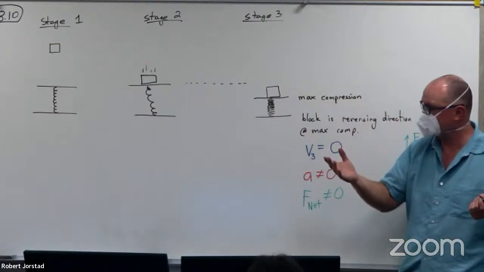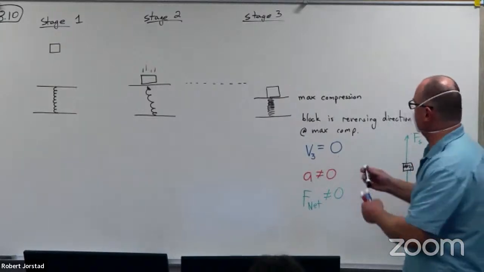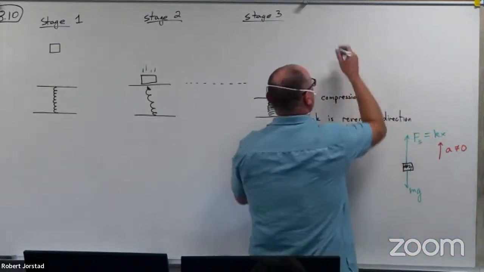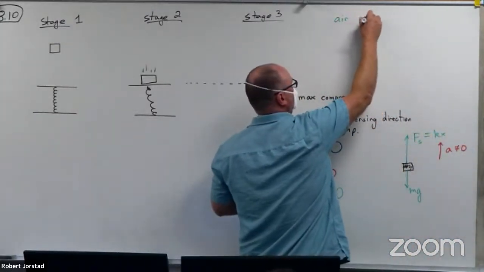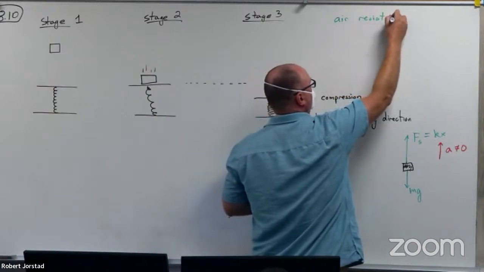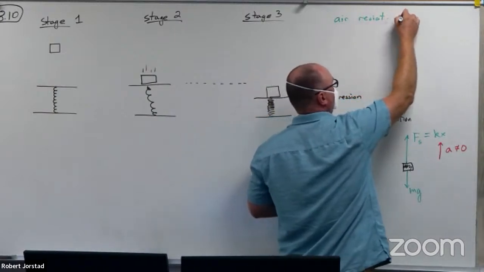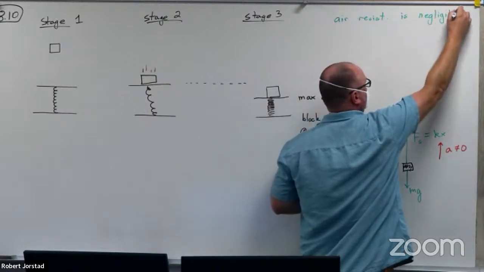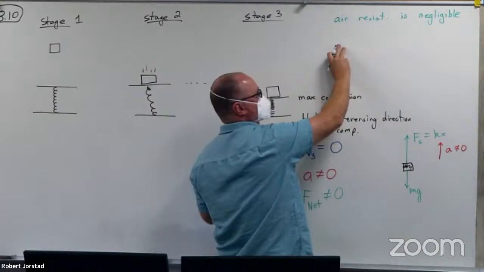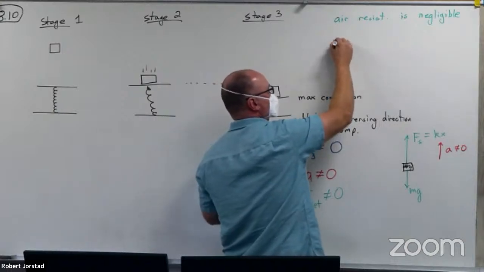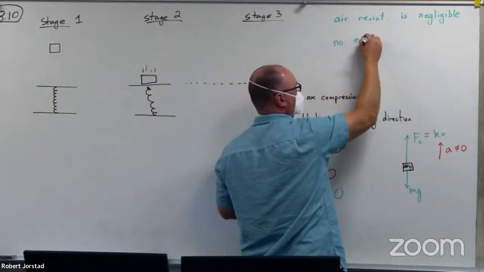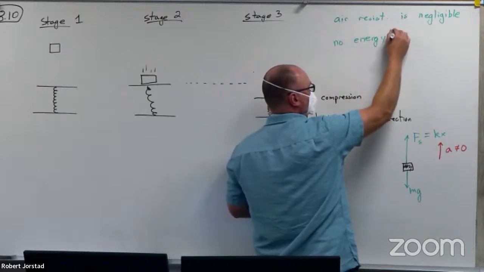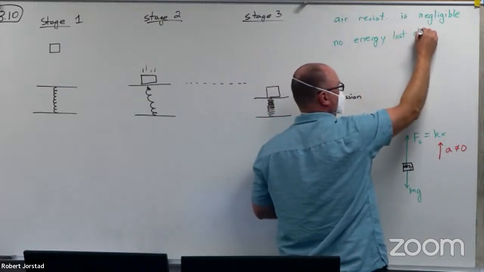Got that? Now I'm going to list a couple of assumptions. Air resistance is negligible, just so we don't have to worry about that. And how about I have no energy lost during impact?